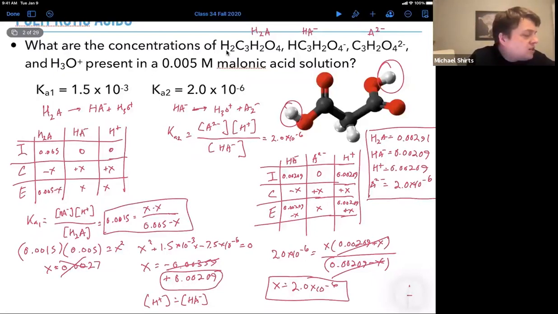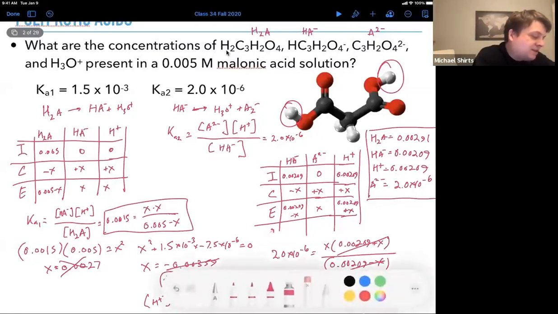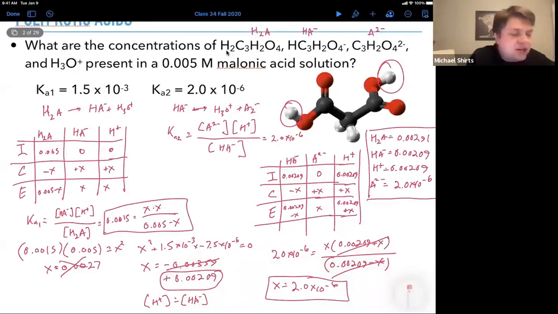It turns out if there's a large separation between the Kas, in this case they're separated by 3 orders of magnitude, you can just do the strong one, then the next one down, then the next one down, and you don't have to worry about resolving the first one with the extra HA minus here. Because if the Kas are significantly different, then the change in HA minus is negligible, so you don't have to go back and recalculate the first equilibrium. The good thing for doing calculations is that the Kas are generally separated by this amount, so it's relatively straightforward to do.